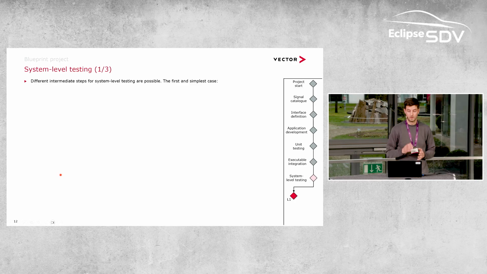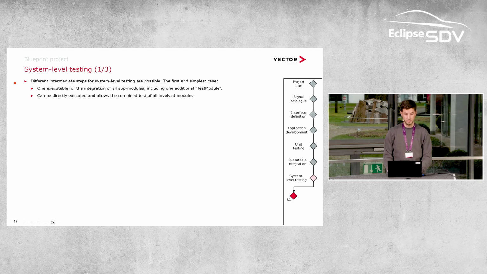Now, on this level you also want to do some testing, and there are multiple levels, and here the framework is a perfect helper because it allows you to have different variants just by changing config as code and by regenerating the project. So let's start with the simplest case.